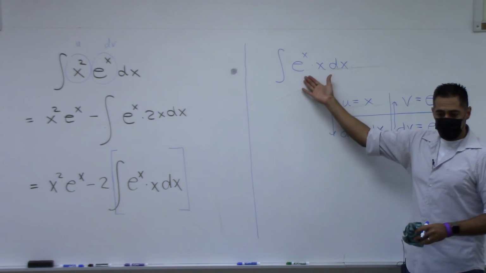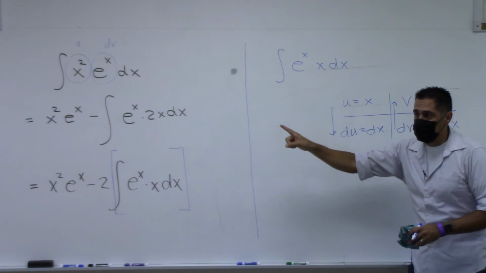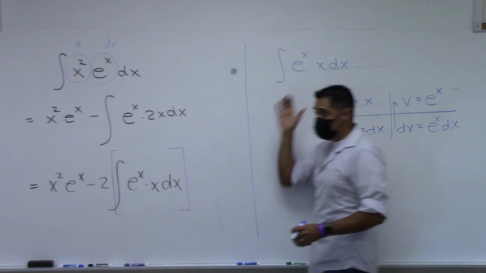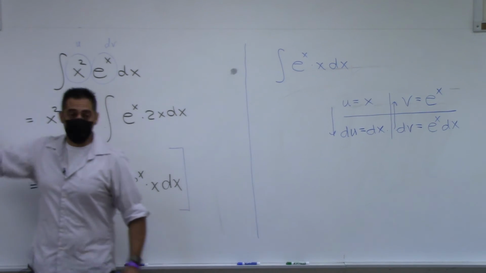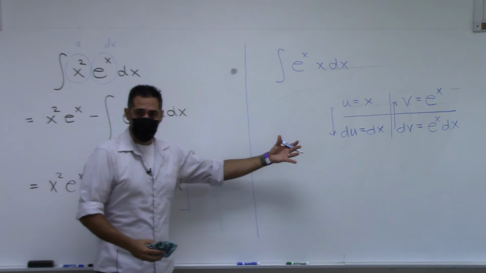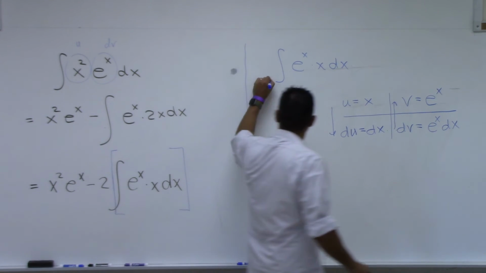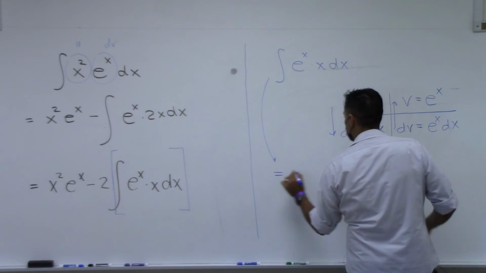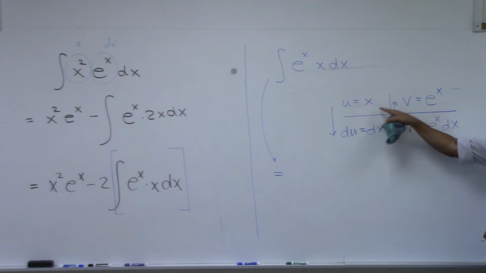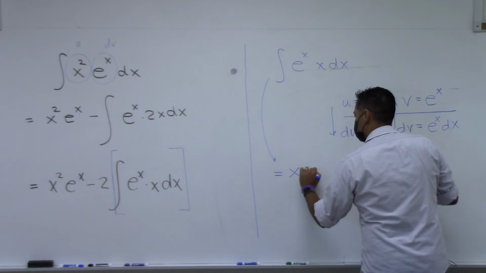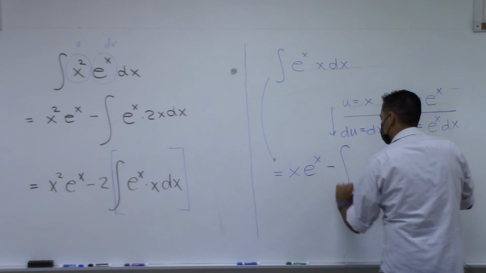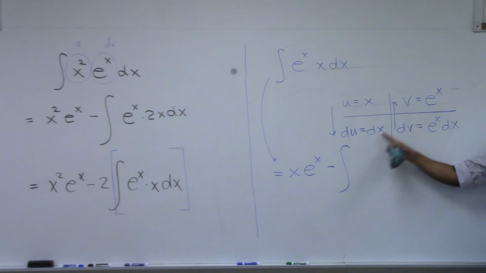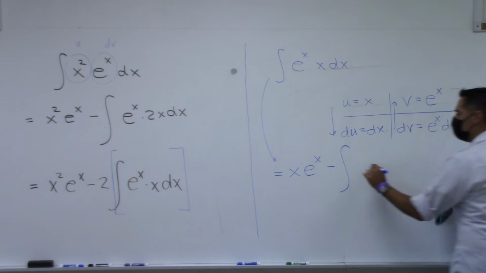Now I rewrite this using the formula again. Remember, this is going to have its own uv minus integral v du again. So this becomes uv, these 2 multiplied, minus the integral of v du, which is the diagonal here, these 2.